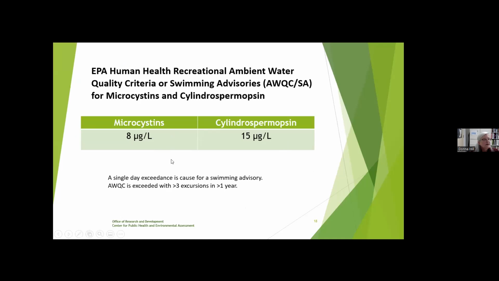These values here are EPA's guidelines for recreational water, and they're used in 2 different ways. One is if you exceed these on any one day, it calls for a swimming advisory. But if you repeatedly exceed these values more than 3 times in a season and have it reoccur in more than 1 year, you can use it as a water quality standard, and it would show impairment of your recreational water.